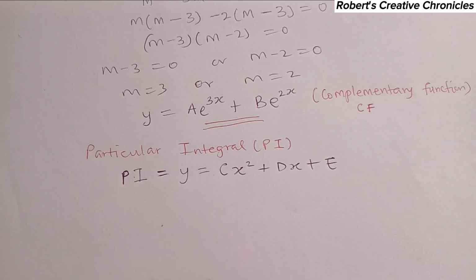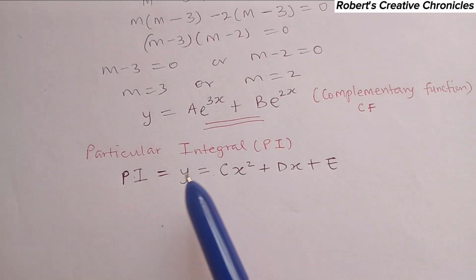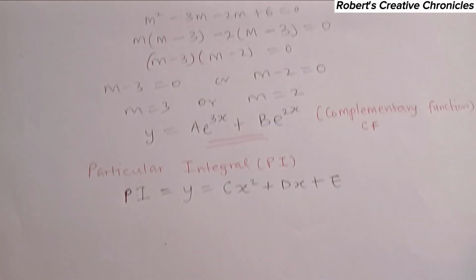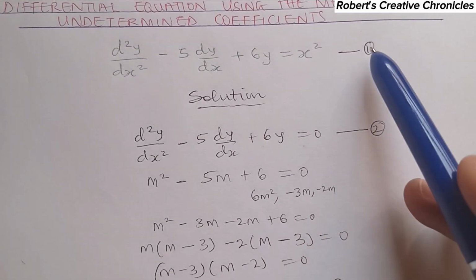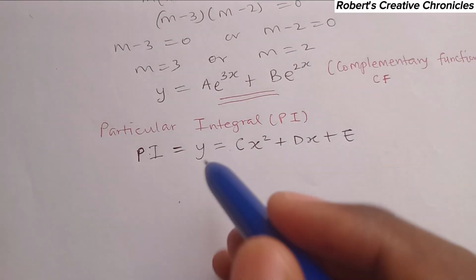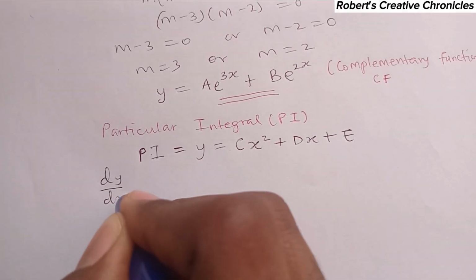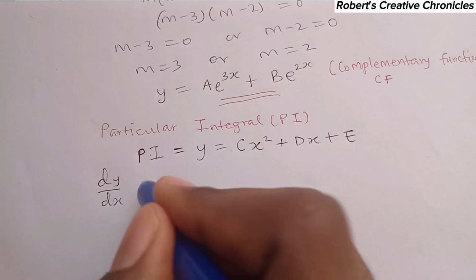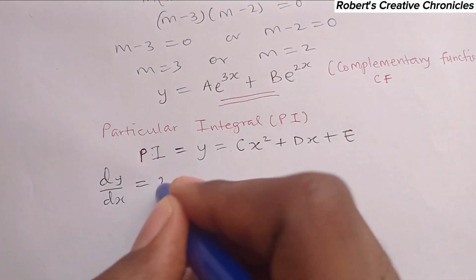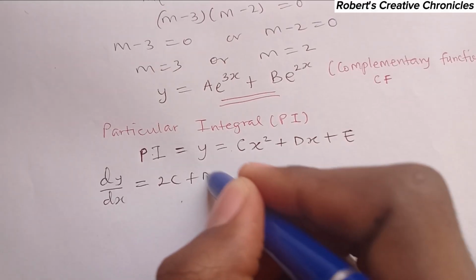So now we will find the first and the second derivative so that we can substitute them in the original equation 1. So let's do that. The derivative dy over dx is 2cx plus d.